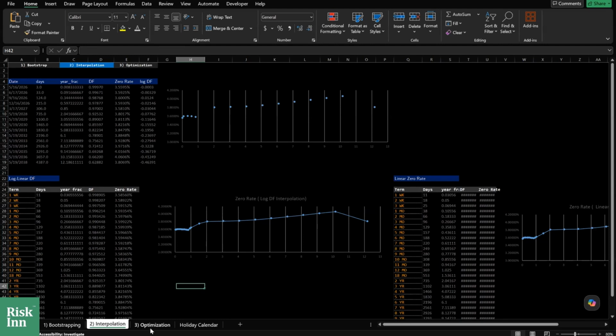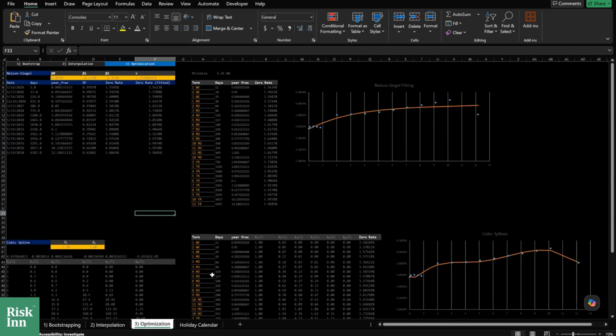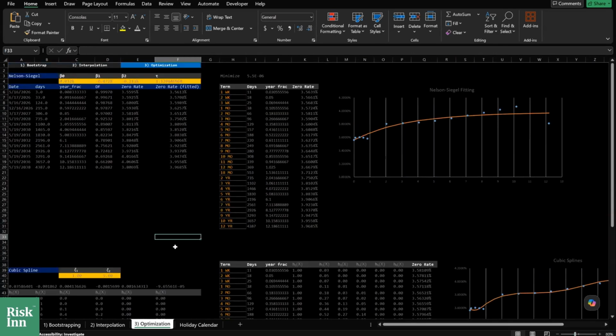There is another way in which you can construct the curve. It's by optimization. Okay, so we try to fit a curve and optimize some kind of a loss function. Again, not to overwhelm you with technical details, but we'll cover everything in detail later.